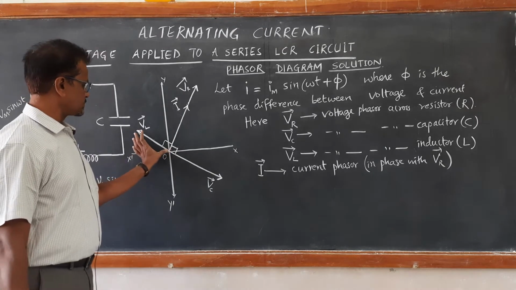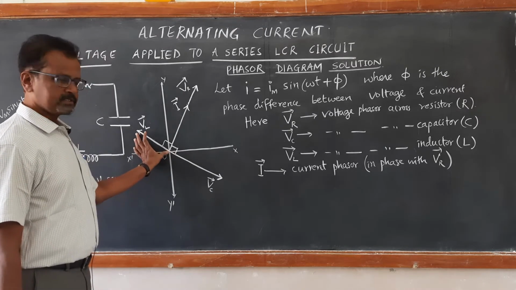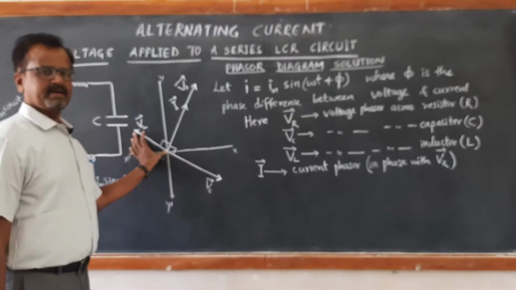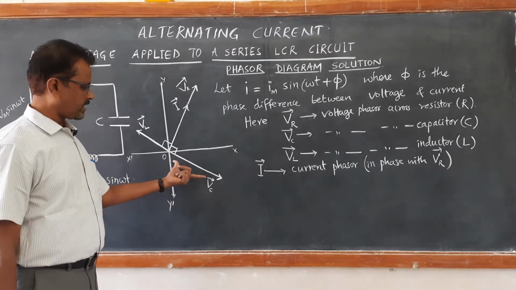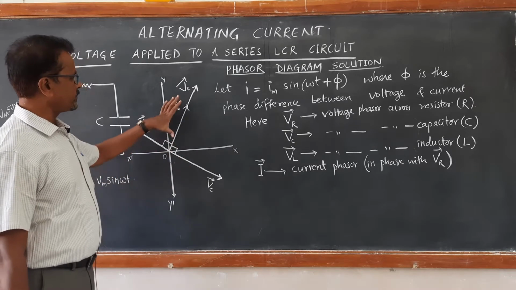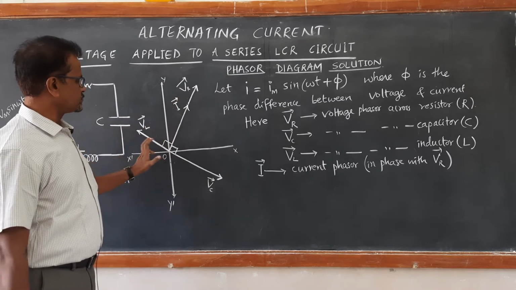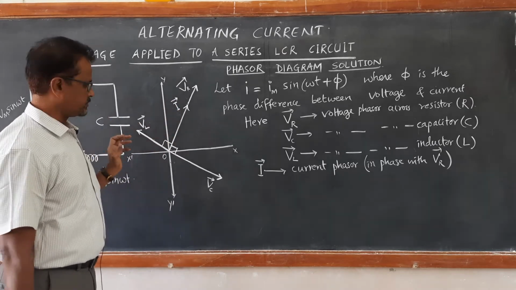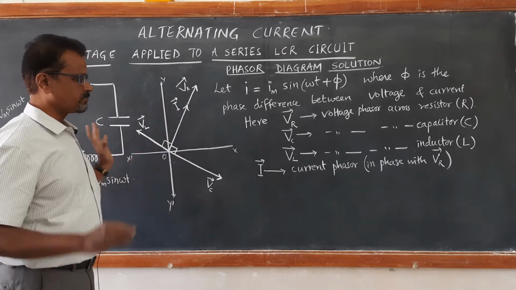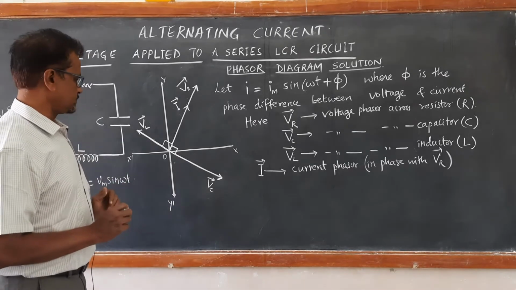These are the vectors. VL vector, purposely it is taken of less magnitude, VC vector of higher magnitude, and VR vector which is perpendicular to both, and I vector of smaller magnitude. Using these three, one can find out the resultant, right.